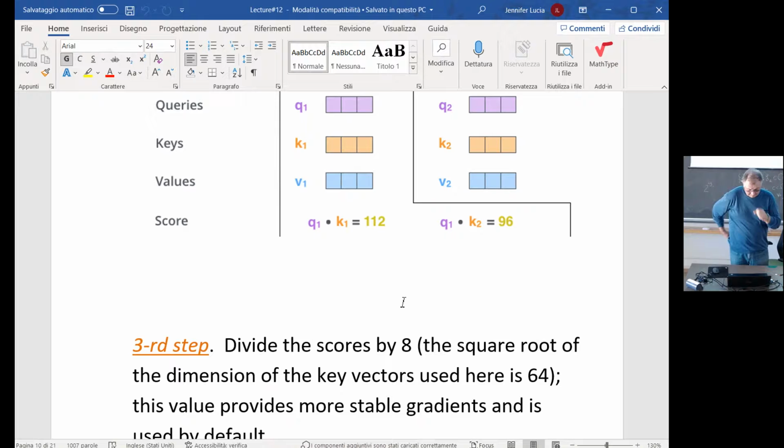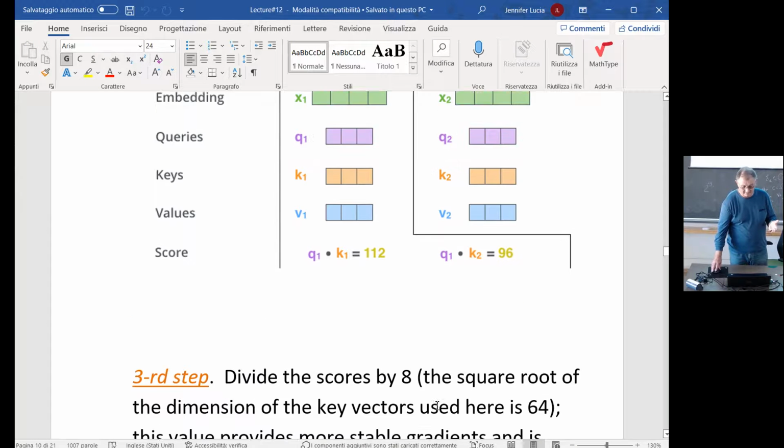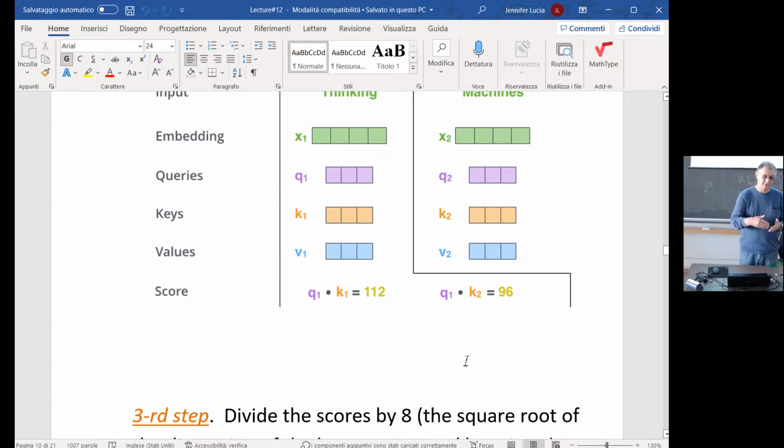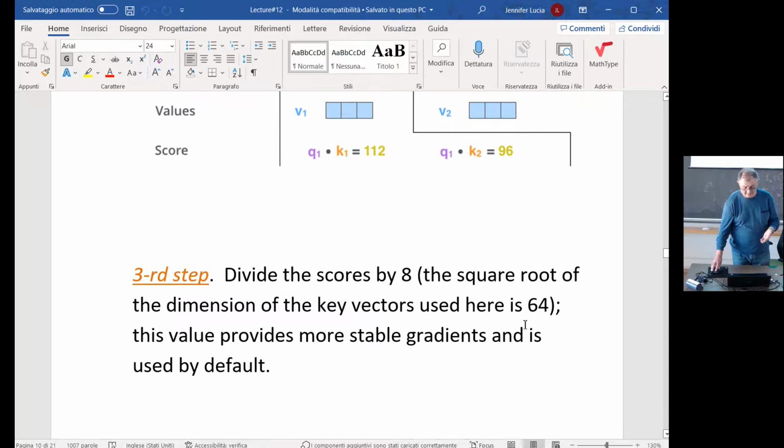So in order to avoid this, we summarize these 64 numbers and divide by the square root of 64, which is 8, at any step.